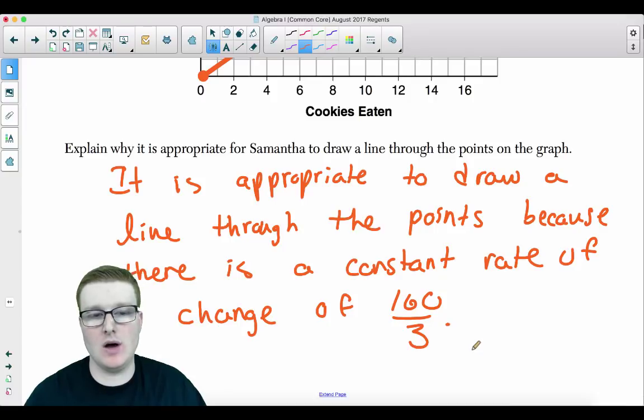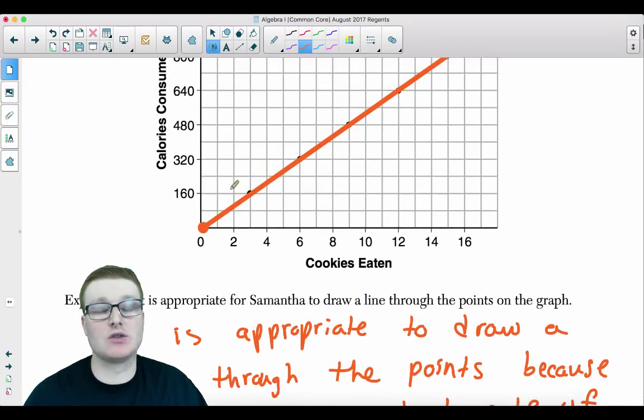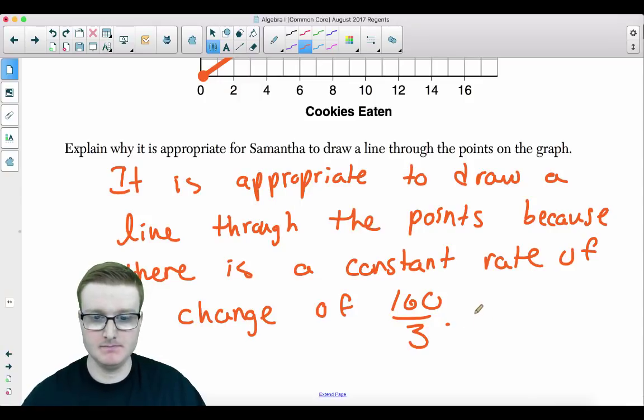Now, if you were wondering, how did you get that answer? Simply just take the rise over the run. I chose the point (3, 160), and I just subtracted it from the point (0, 0). That is your slope.